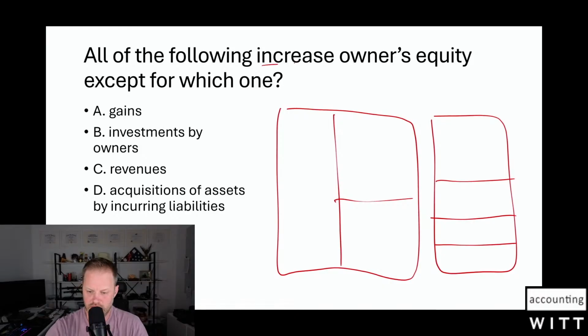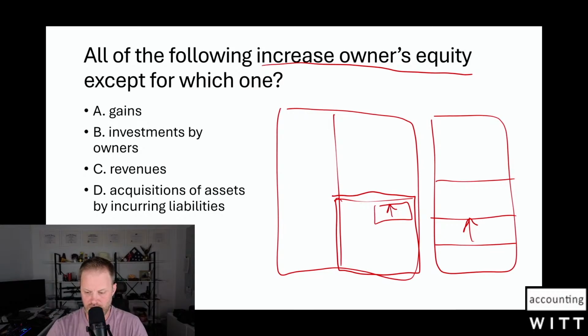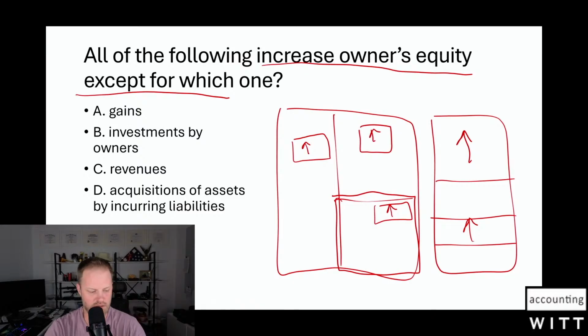What increases owner's equity? Gains? Yes. Investments by owners? Yes. Revenues? Yes. Except acquisition of assets by incurring liabilities. So that's an asset going up, a liability going up, not equity. So D, final answer.